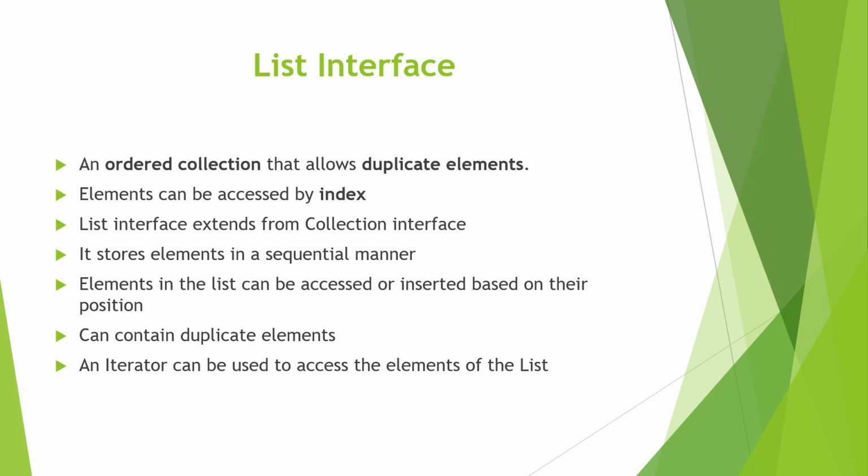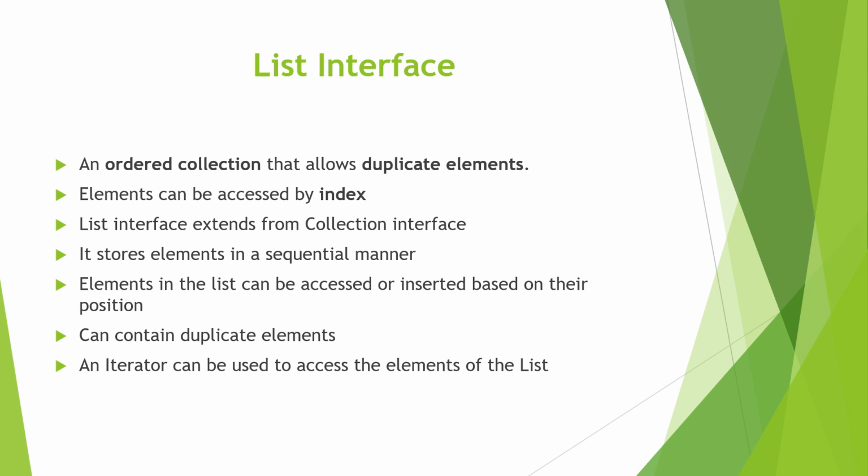So what is a list interface? Whenever any programmer or user adds any element into the list interface, the element is stored in an ordered collection or sequential manner, and it also allows duplication of elements.